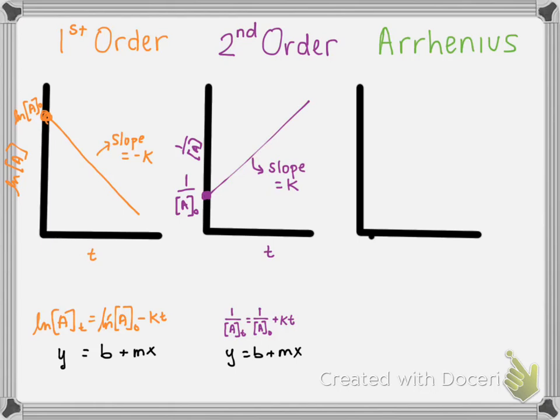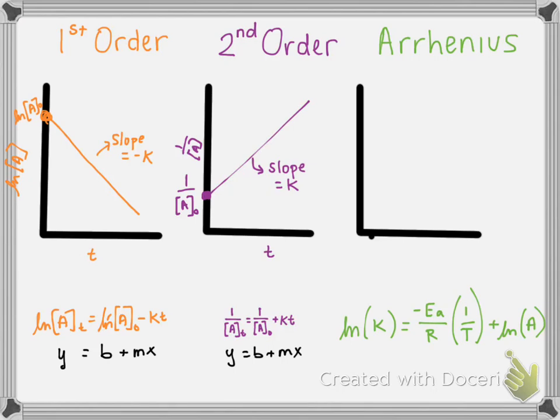Okay, last but definitely not least, we have the Arrhenius plot, which uses the linear form of the Arrhenius equation. So this equation relates rate, represented as k, to temperature and activation energy.